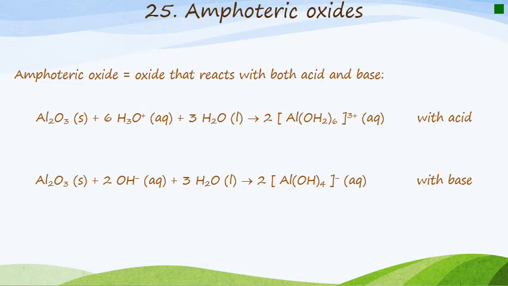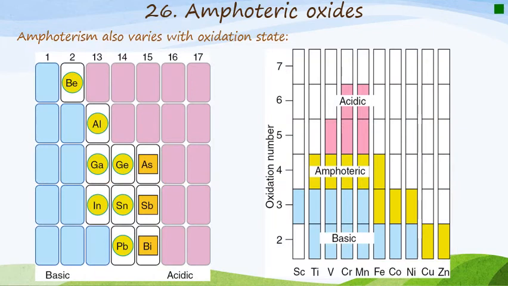We also get amphoteric oxides. Amphoteric oxides are ones that react with both acid and base. Aluminium oxide is a very good example of this, where it can react with acid to give us two different types of complexes. This is self-explanatory. In the periodic table, we can also see that amphoterism can vary with oxidation state.